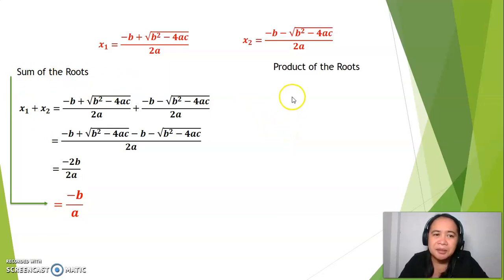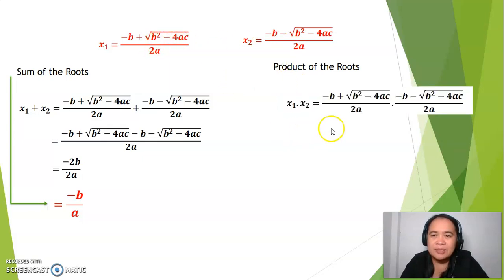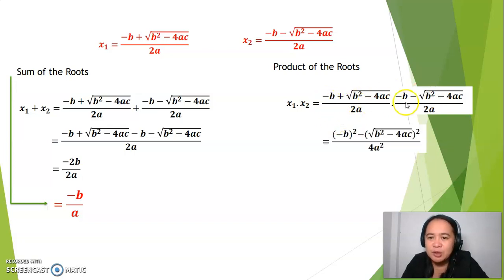Another, the product of the roots, we will simply multiply these two. Now take note, this is the sum and difference of the same roots. So with this, we will simply square the first term minus the square of the second term.